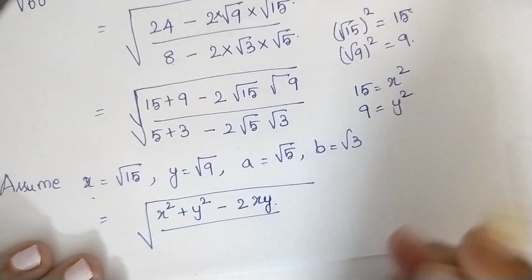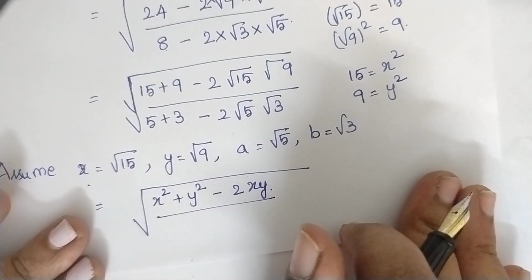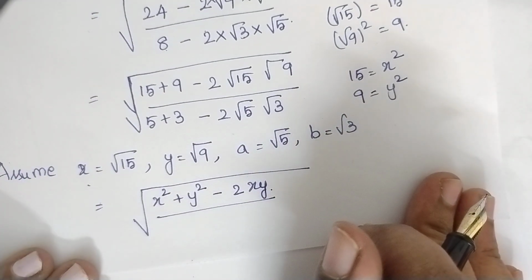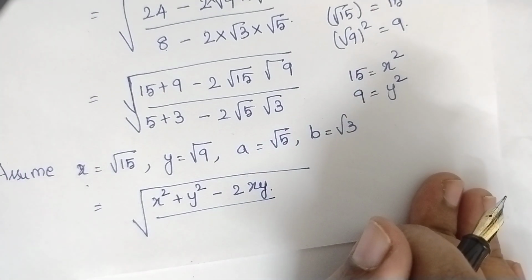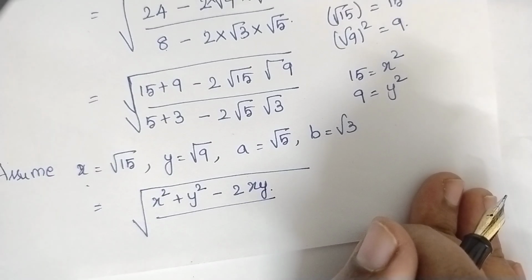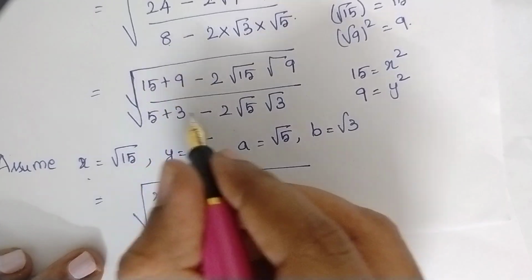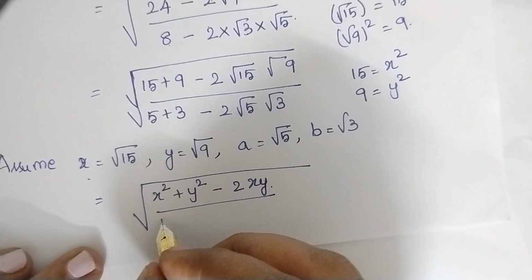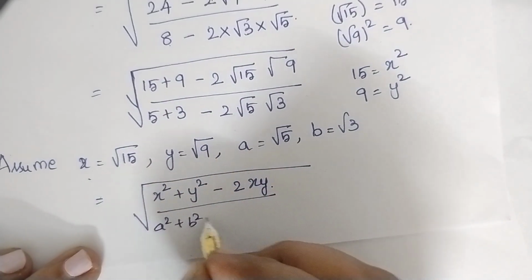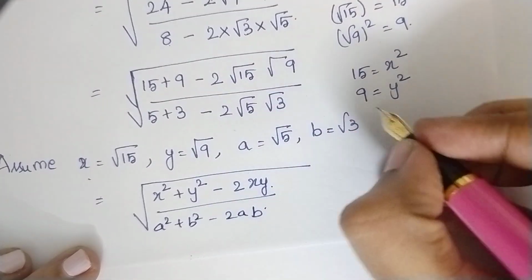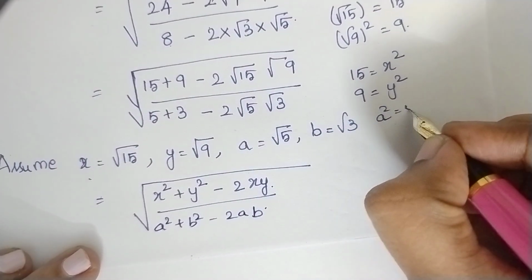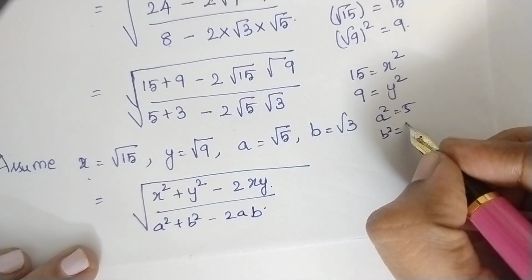Divided by, here 5 plus 3: a square plus b square minus 2ab, where 5 is a square and b square is 3.